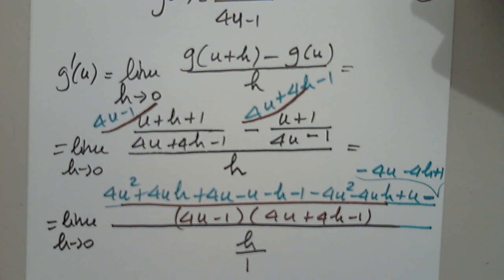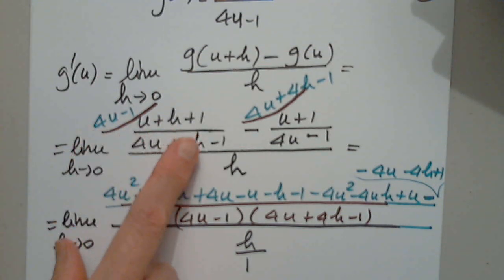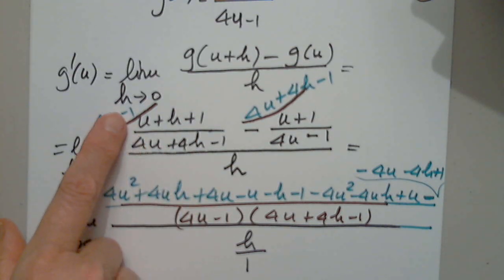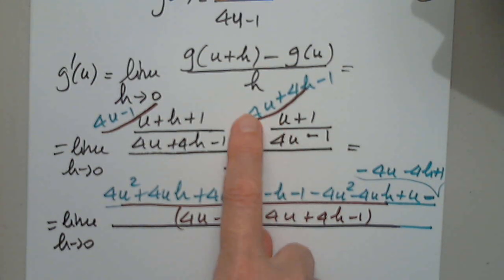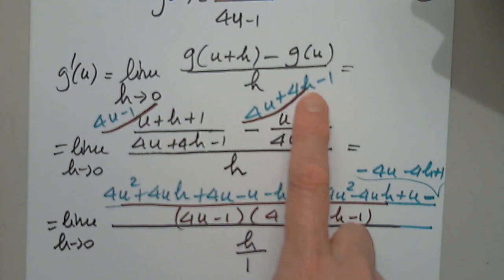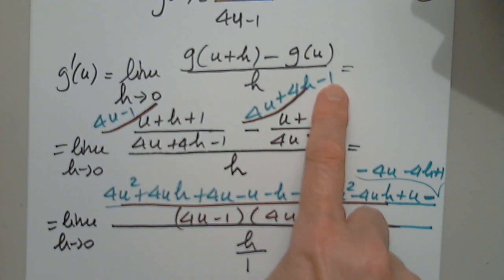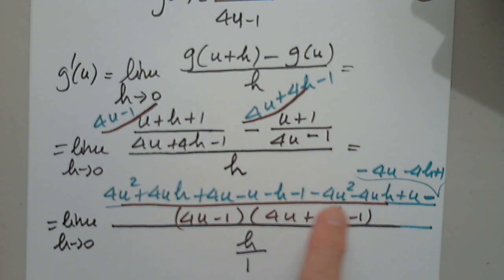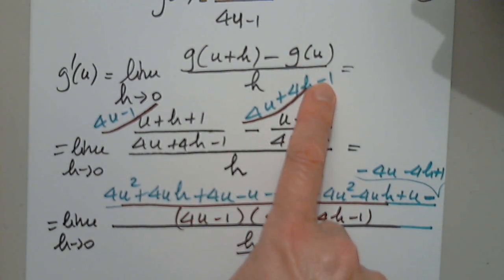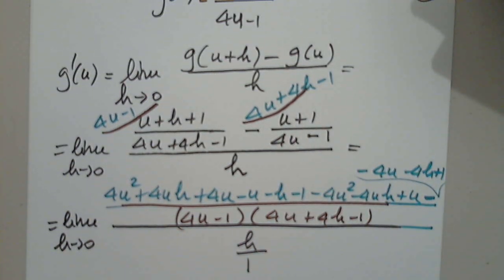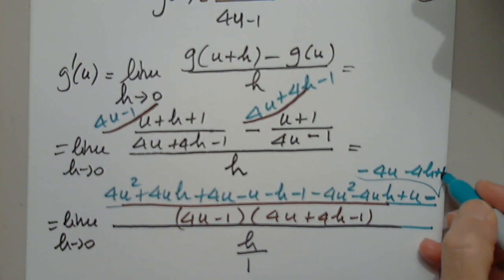What has to happen next? Again, 4u squared, 4uh, 4u, minus u minus h minus 1, then minus u minus h minus 1. Negative u times 4u, negative u times 4h, negative u times negative 1, which is positive u. Negative 1 times 4u, negative 1 times 4h, negative 1 times negative 1, which is positive 1. Again, what has to happen next?